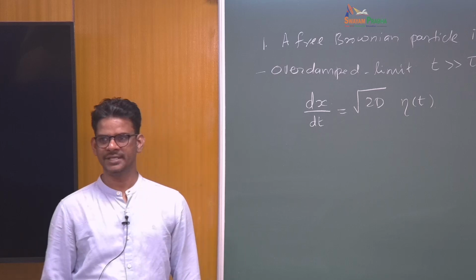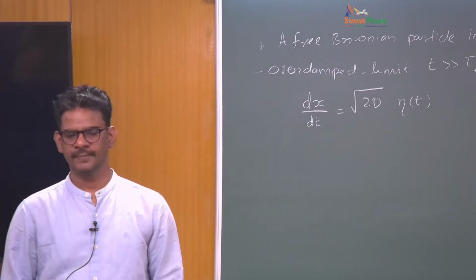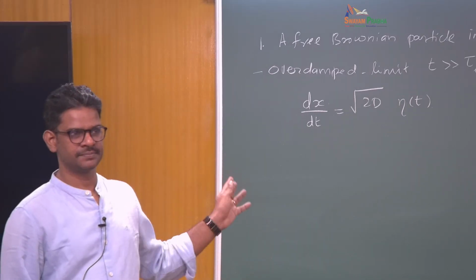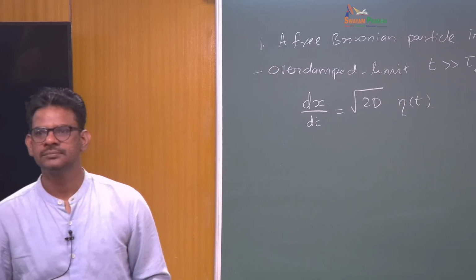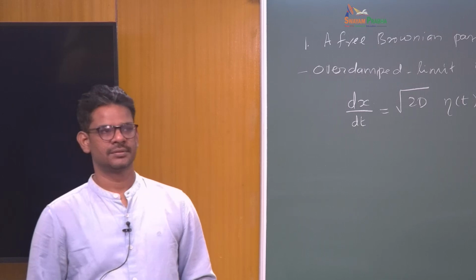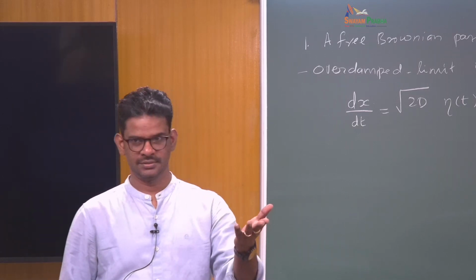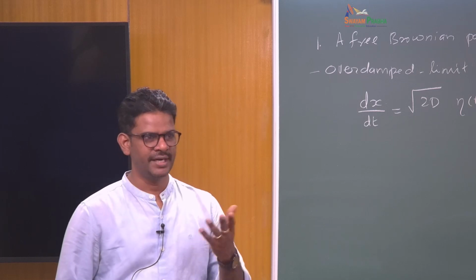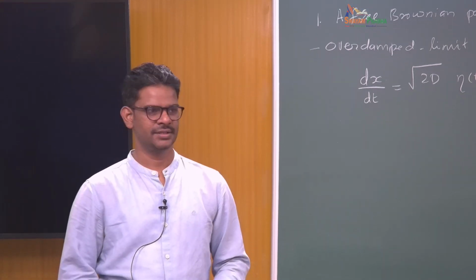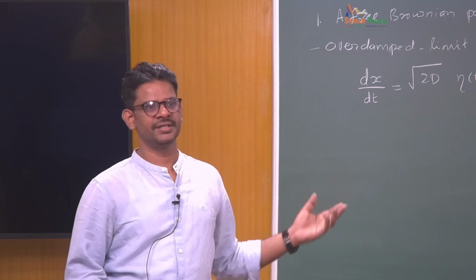If you have to choose a length scale for this problem, what would that be? I want to non-dimensionalize x, so I need a length scale. What can that be? Micrometer? Anything that is, yes, so any length scale, diameter of the particle or the radius of the particle can be taken as a length scale, because that's the only length scale that is there in the problem.